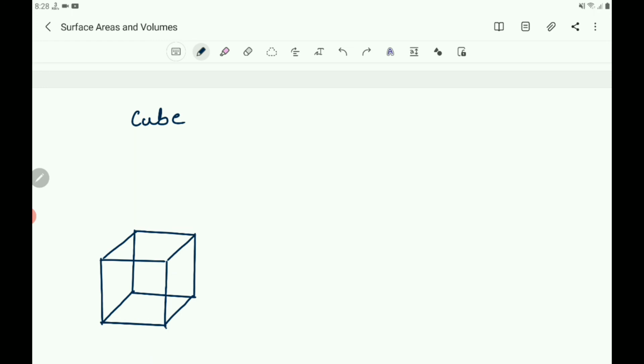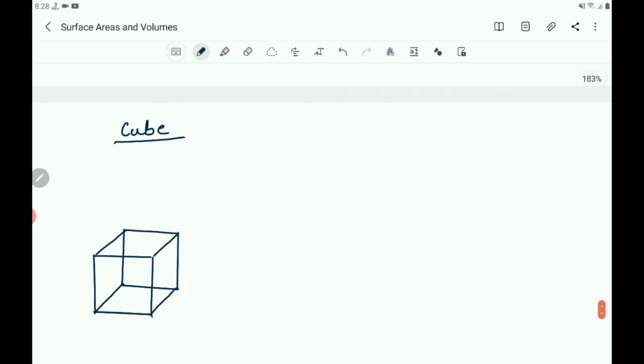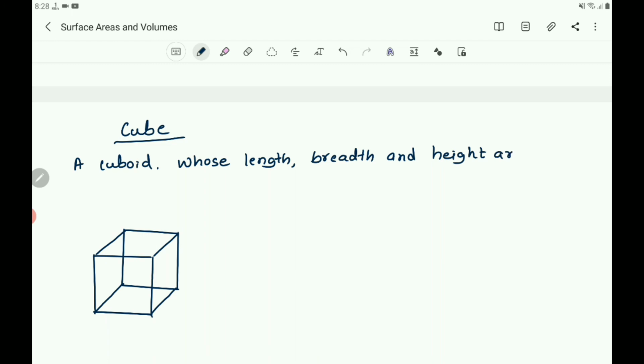So you write what is cube. And you write a cuboid whose length, breadth and height are same is called a cube.